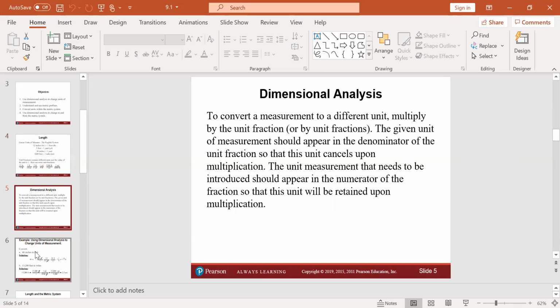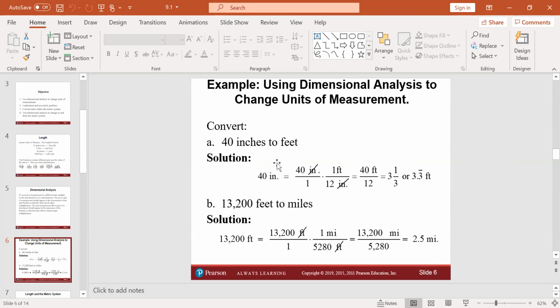So dimensional analysis is going to let us use our unit fractions, and just like you might cross things out in a fraction, you can actually cross out units themselves, and that's how we get away from certain units. For instance, if I wanted to take 40 inches and convert that into feet, you might automatically know you need to divide by 12, but what if you didn't?